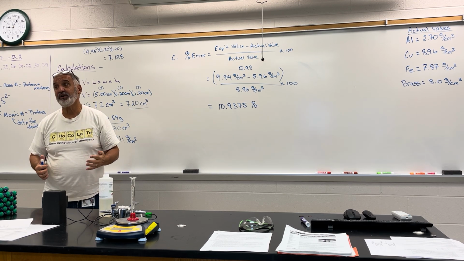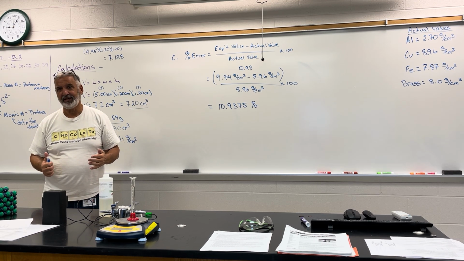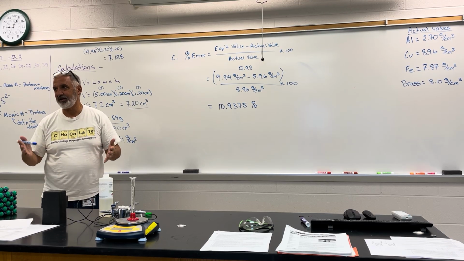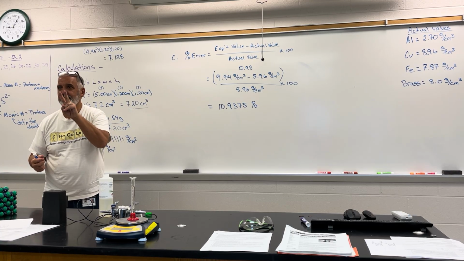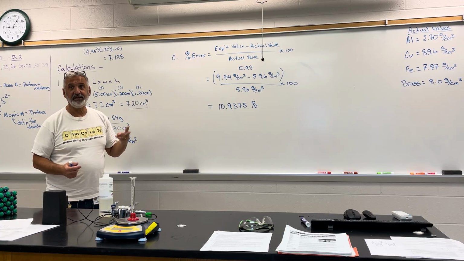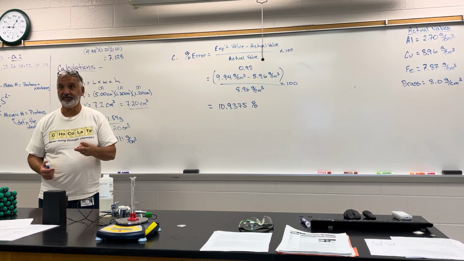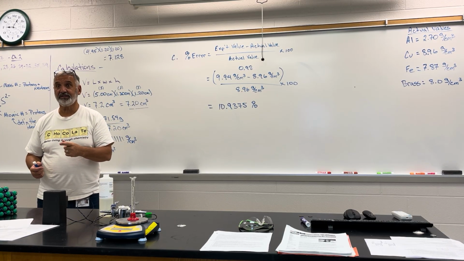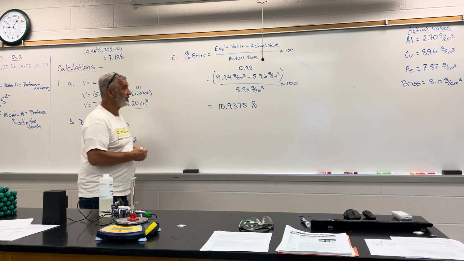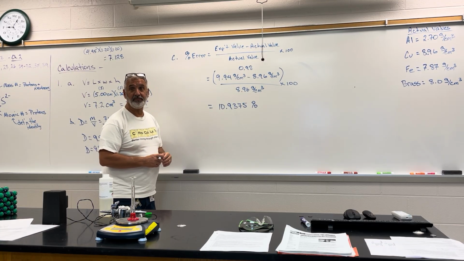How many sig figs are in the numerator after I subtract? 0.98 has only 2 sig figs. Divided by 3 sig figs, how many should my answer have? Only 2 sig figs. So what do we round this to? What's your error going to be?